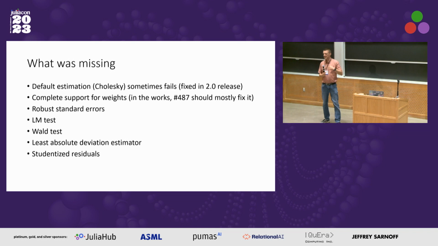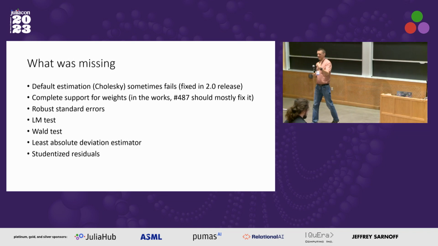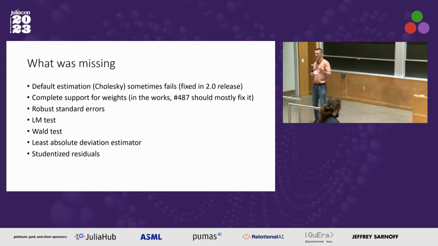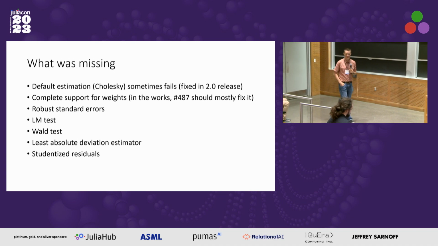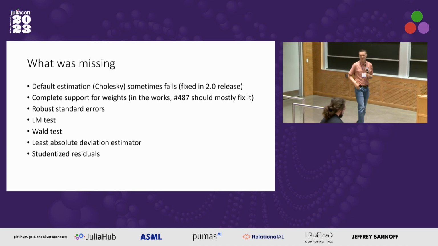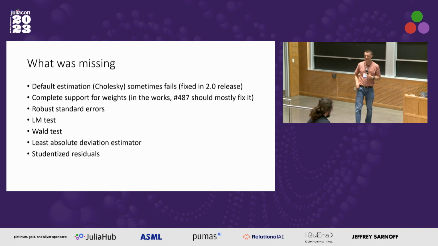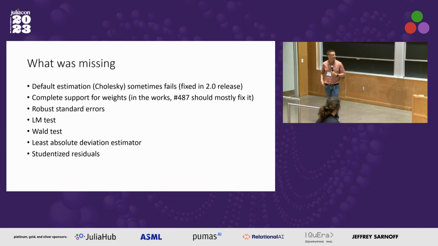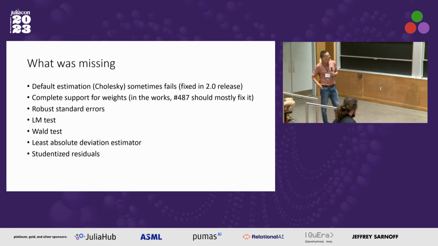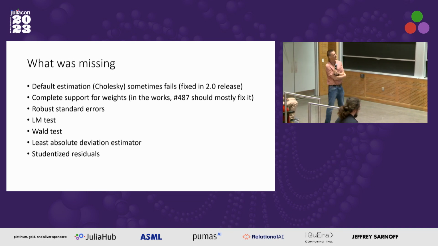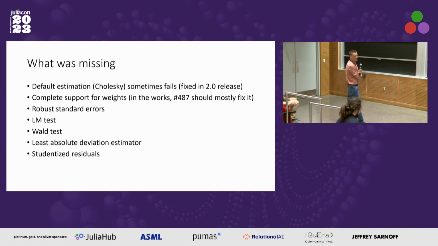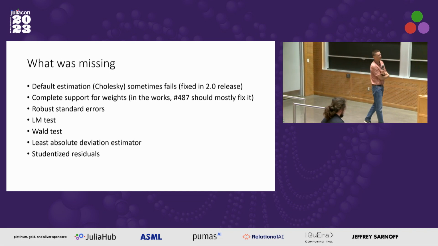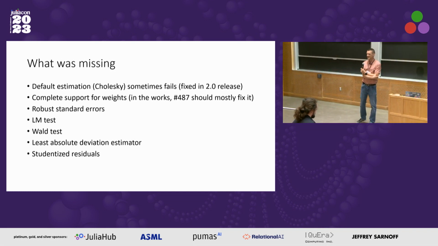So I already told you that I reproduced everything. So if someone wants to teach introductory econometrics using Wooldridge with Julia, a complete set of codes is there on GitHub, but what was missing? So first thing is that in GLM.jl, Cholesky decomposition is used for estimation.